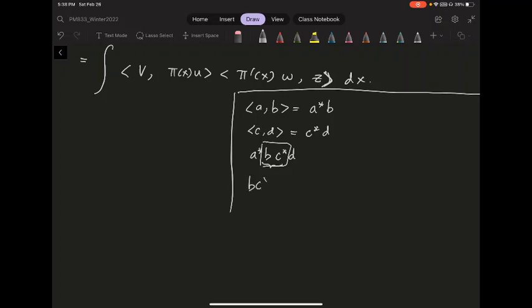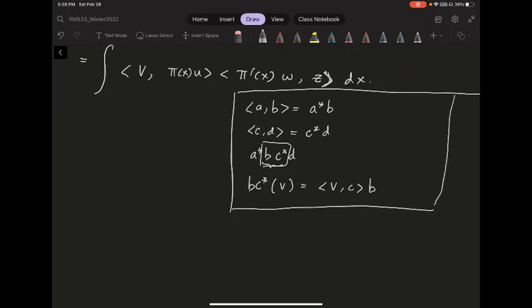So B C star evaluated at a vector means you let C do the inner product with that vector, and then you multiply by B. So you end up with this rank-1 operator. This product of inner products looks like a rank-1 operator applied on D, and then you take the inner product with A. That's the idea.